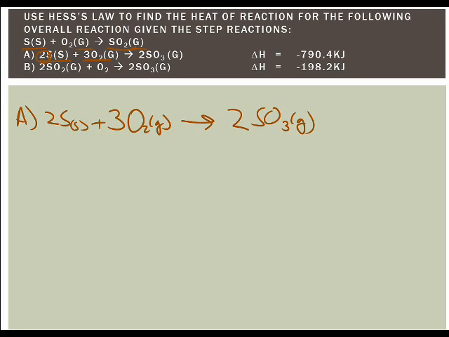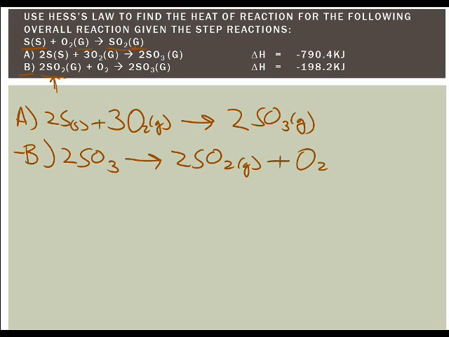There is no SO2 in the first reaction. There is one in B, but the SO2 product is as a reactant here. So we're going to need to flip that, and we'll call it minus B, and we'll just write it: 2SO3 to 2SO2 plus O2.